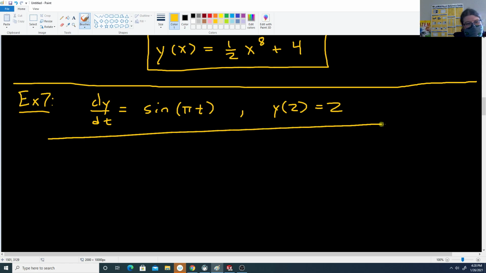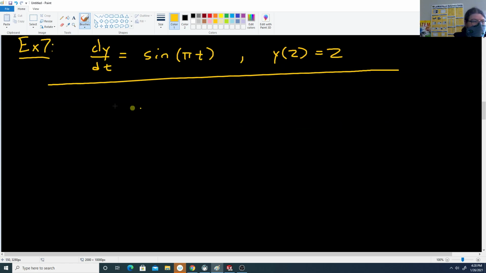So we want to solve this. So my y function, I need to think of a function that when I take its derivative gives me sine of pi t. So I need to find the indefinite integral of sine of pi t dt.